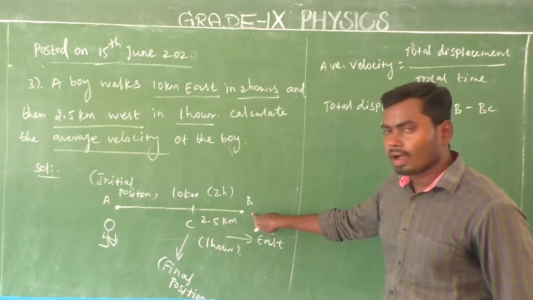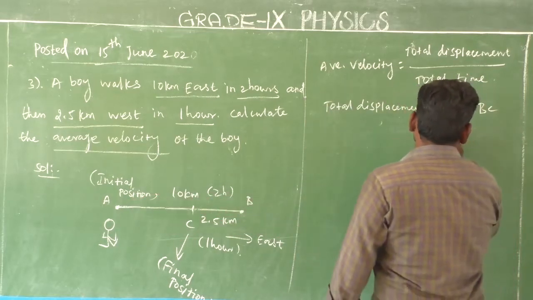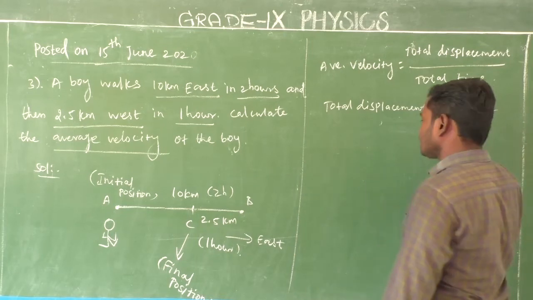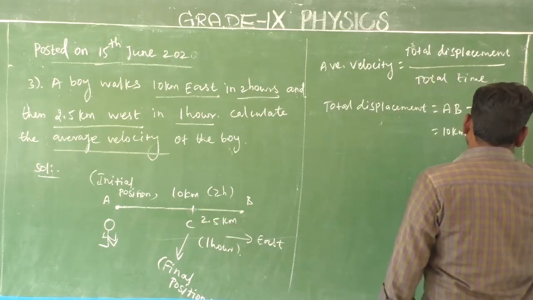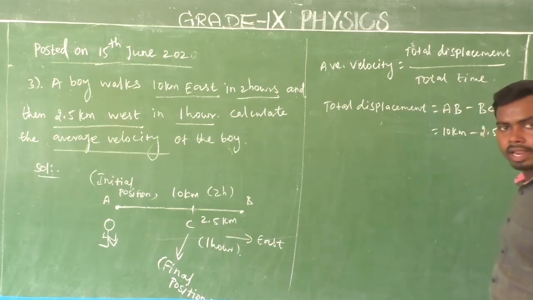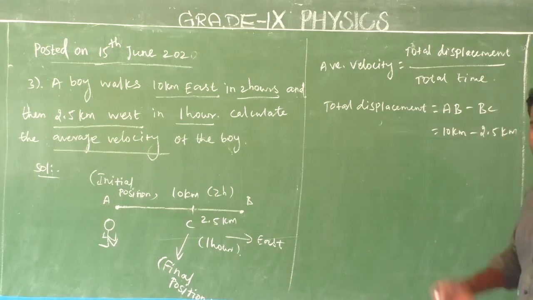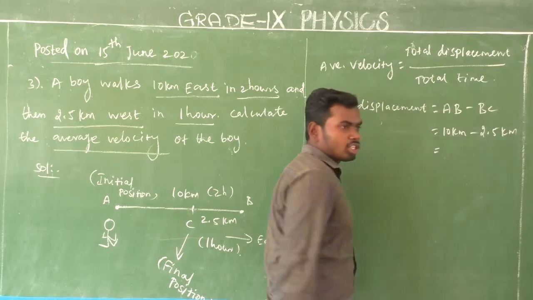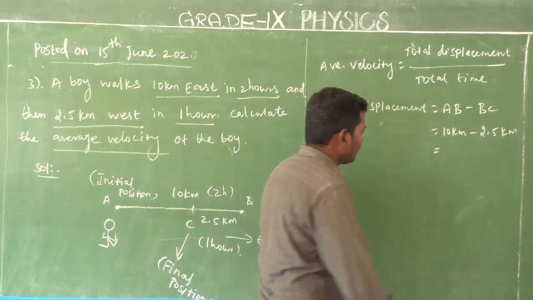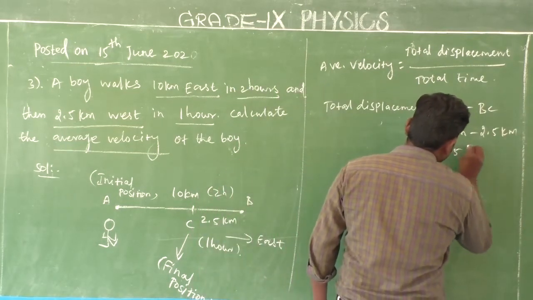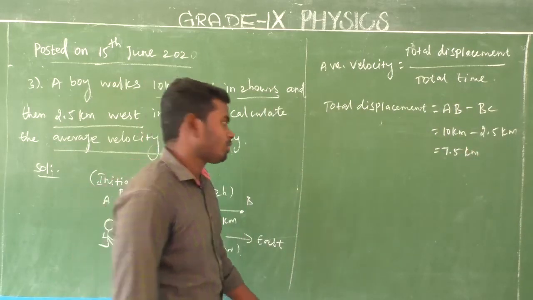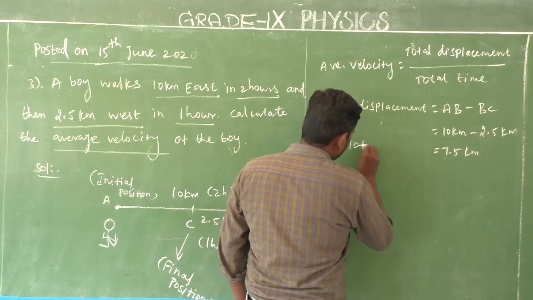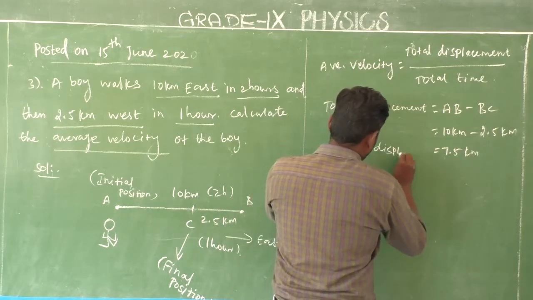AB value is 10 kilometers, minus this BC value 2.5 kilometers. Am I right? So you subtract both. How much? 10 minus 2.5 is equal to 7.5 kilometers. Is it clear? So total displacement, how much? 7.5 kilometers.